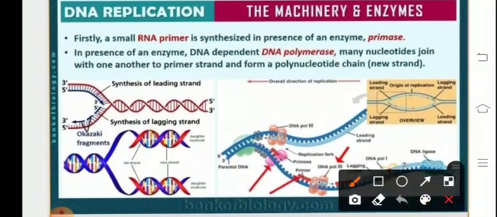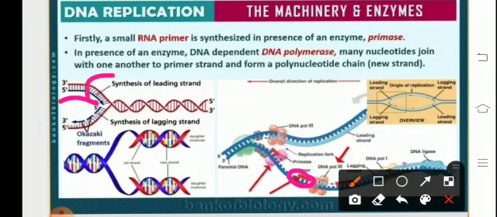Here we can see that the primer is synthesized with the help of DNA primase, and it gets attached to the 3' end of the template strand, and then synthesis is facilitated in the 5' to 3' direction. Because the synthesis only takes place in 5' to 3', one strand is leading.